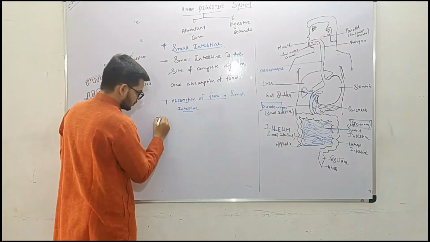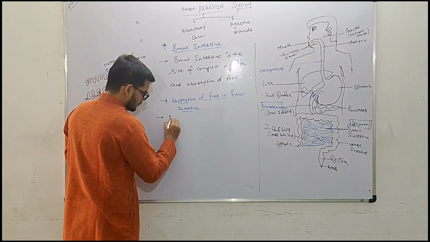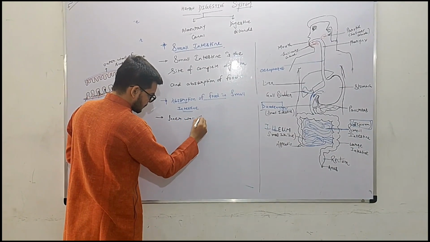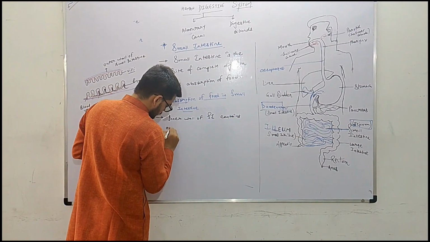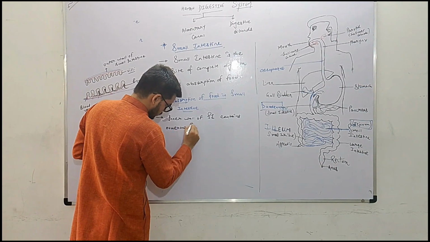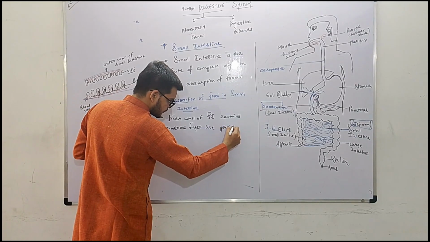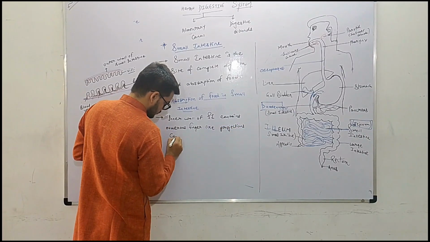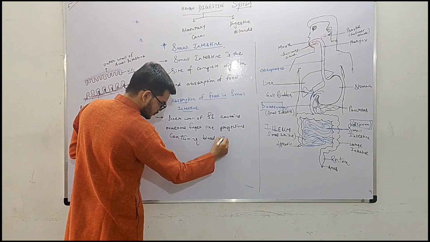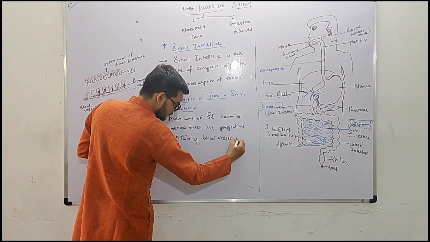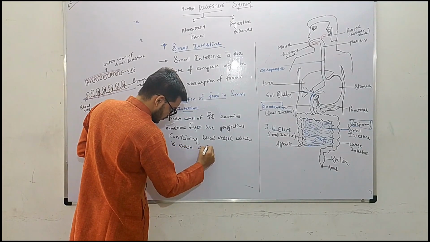So we'll write: inner wall of small intestine contains numerous finger-like projections containing blood vessels, which are known as villi.